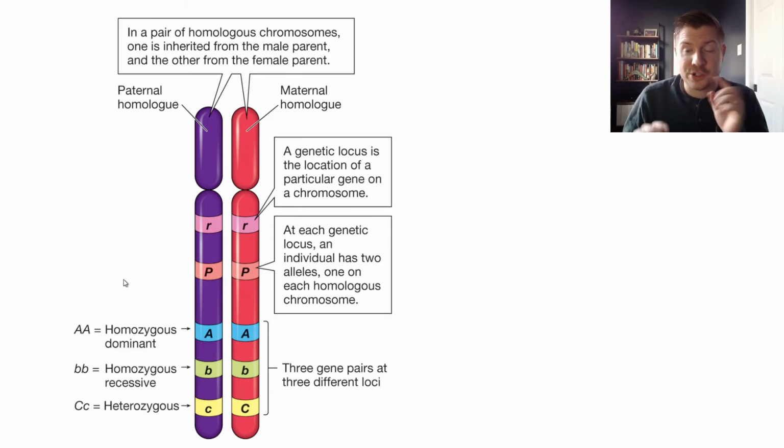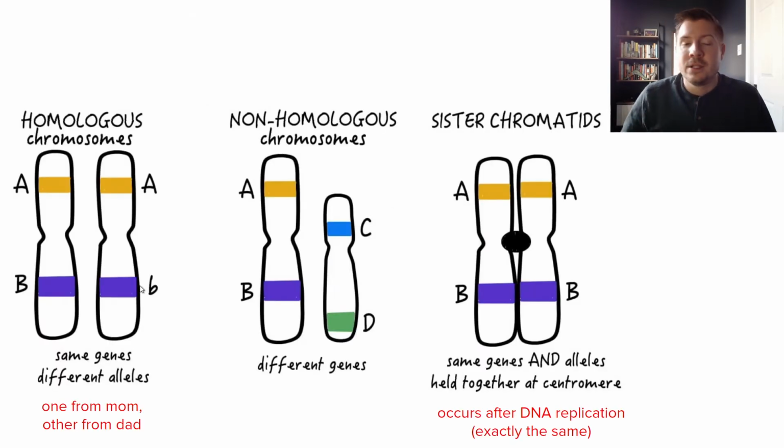It's very important to understand the distinction between homologous chromosomes and sister chromatids, which we explain right here. So we just talked about homologous chromosomes. Non-homologous chromosomes would be like chromosome 2 and chromosome 10, okay? Different genes, no real similarities, could be different sizes, centromeres in different places.